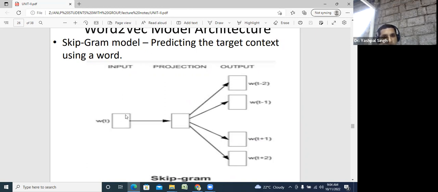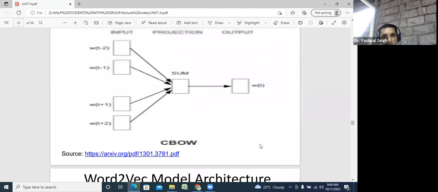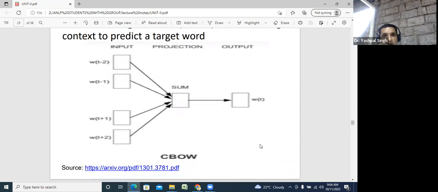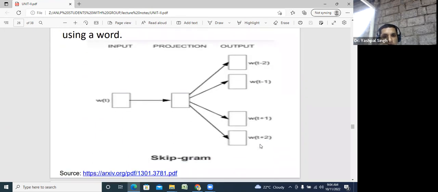So whatever input we provide, the projection goes on, and after the projection we get w t minus 2, t minus 1, t plus 1, and t plus 2. So if you have seen, the continuous bag of words model is the vice versa of the skip gram model.